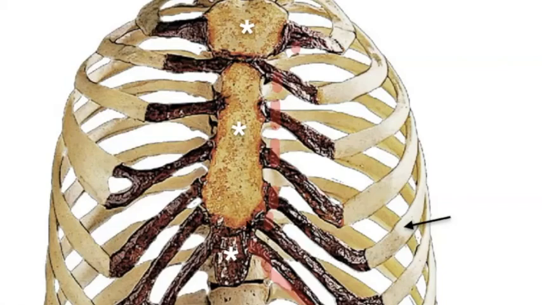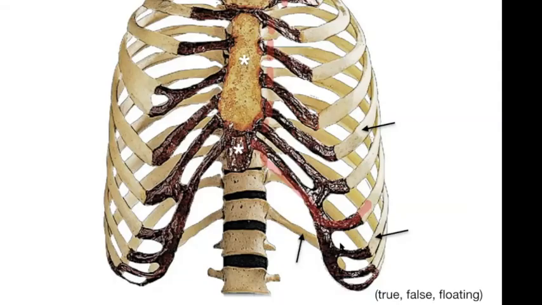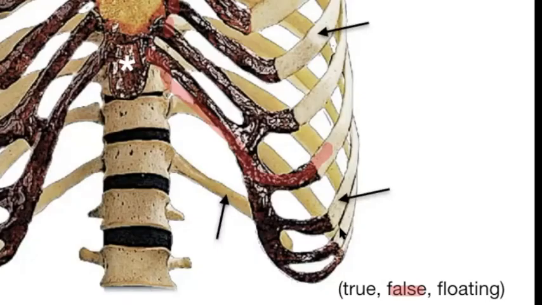But they join directly to the sternum, whereas the false ribs over here kind of join in with the 7th one, or don't join at all. So 8, 9, 10 are false ribs, and then 11, 12 are called floating ribs because they're not at all attached to the sternum.